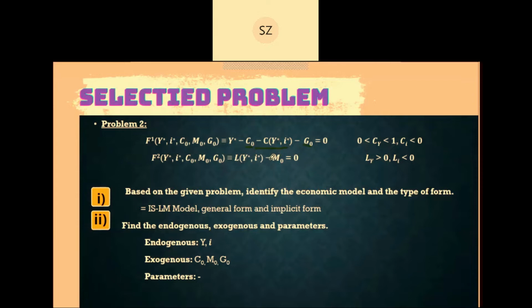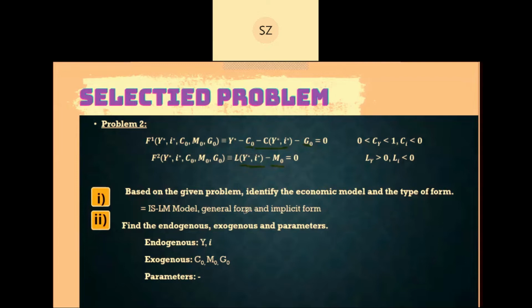The second equation is the LM equation, which is shown by a positive sign because the LM curve is upward sloping, and money here. The independent variable is income and the dependent variable is interest rate.